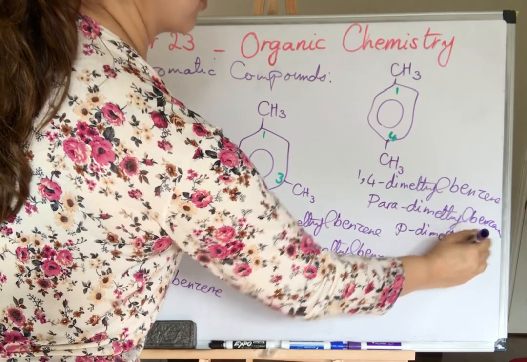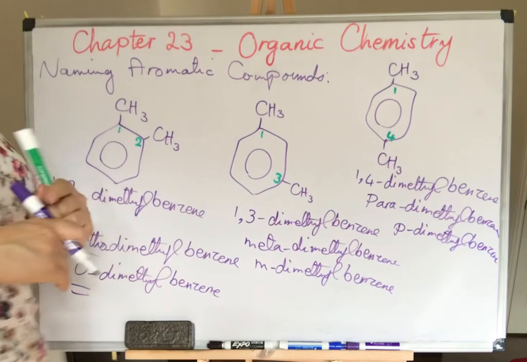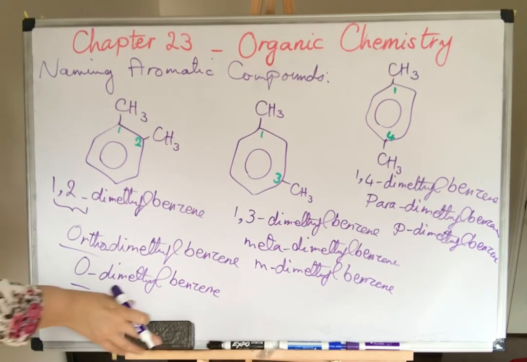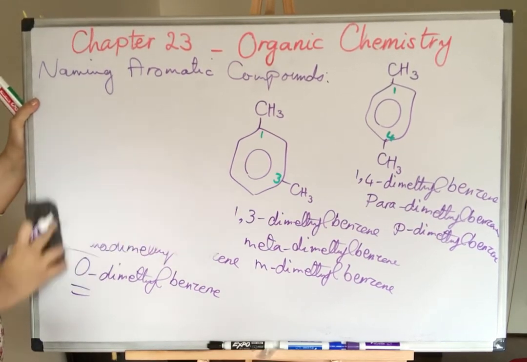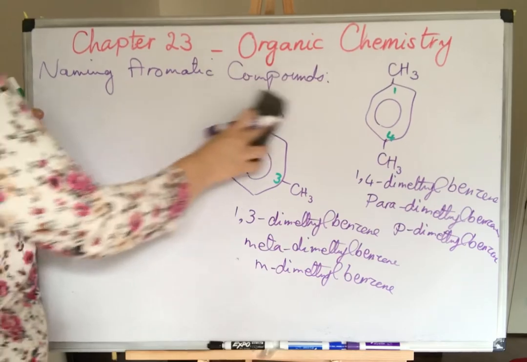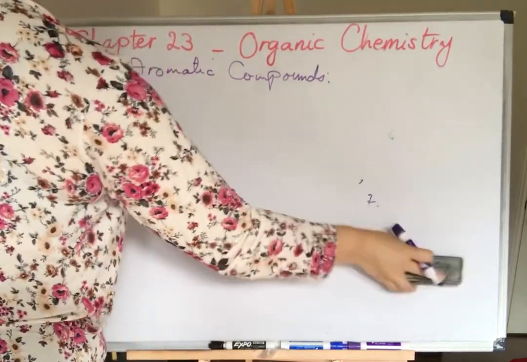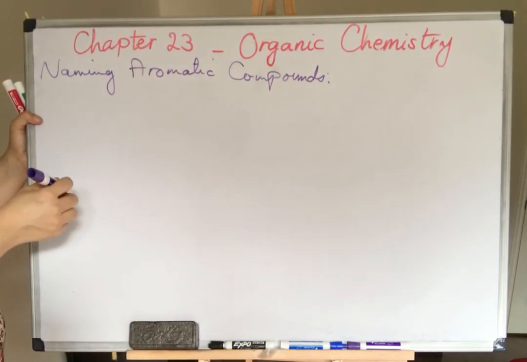So I want you to know the difference between ortho or O, meta or M, and para or P. Especially when you have 2 similar branches, 2 methyls, 2 ethyls, 2 propyls, you use this system. Now let's work on slide number 61.